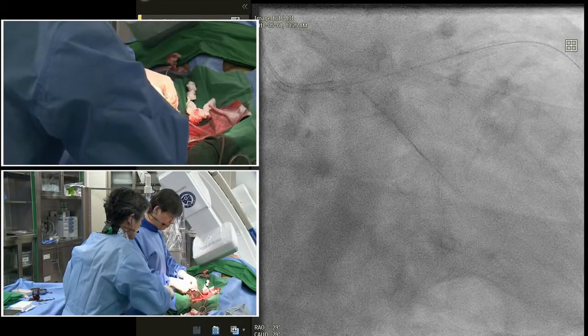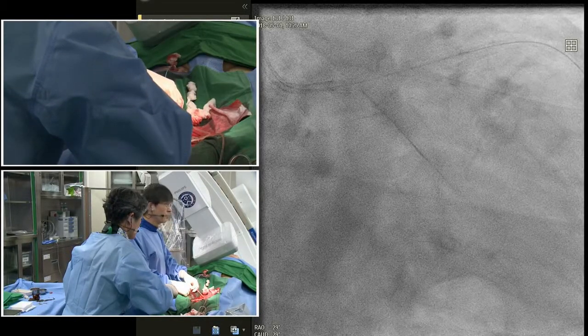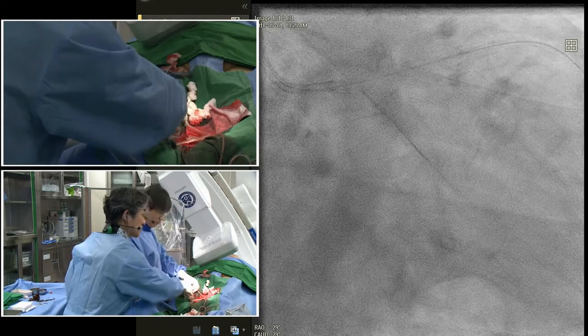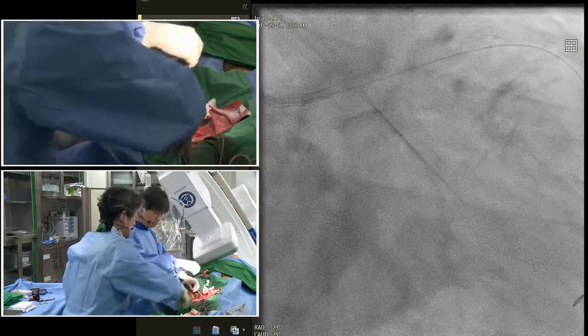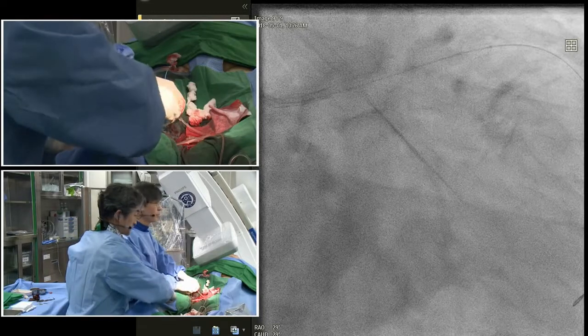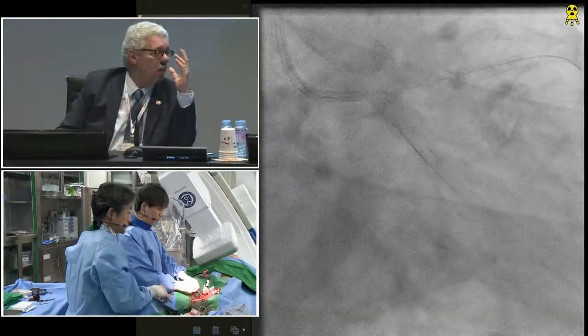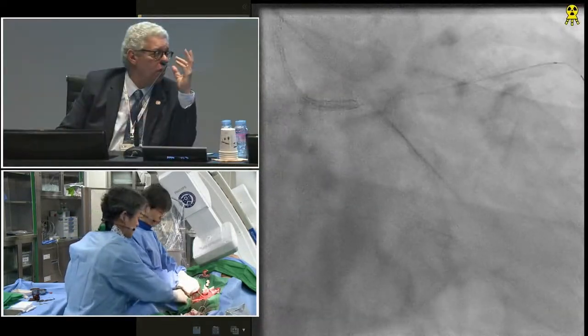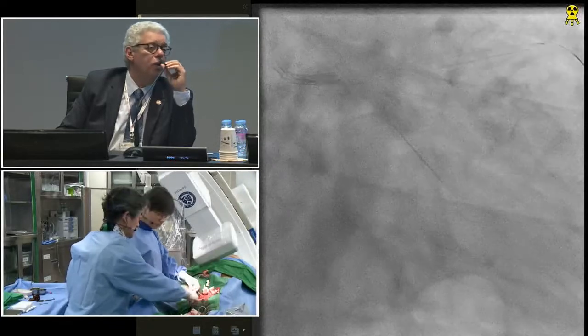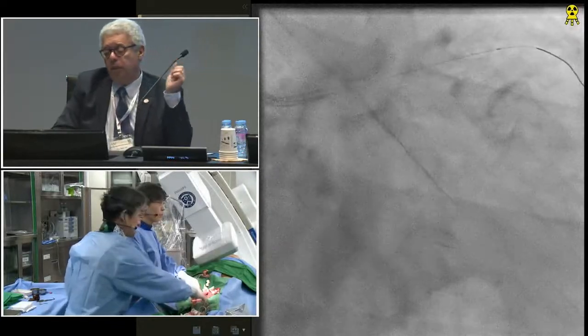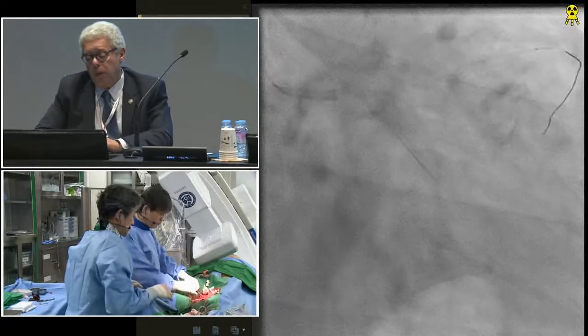I know we're trying to save on contrast material, but after putting the stent in the circumflex, before pulling the wire out, wouldn't you like a little flush just to make sure there's no distal dissection, no flow problem, or do we have to wait for chest pain?